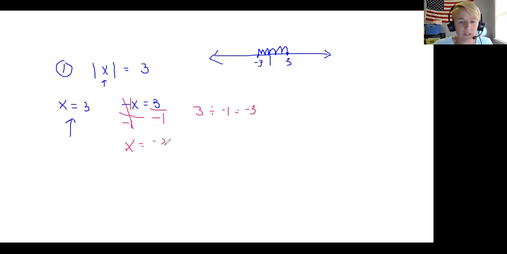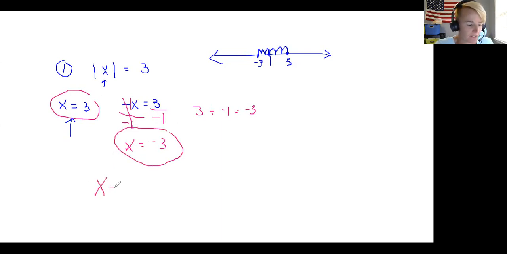So x equals negative 3. So my final answer for 1 is x equals 3 and x equals negative 3. If you're super fancy and you want to write it like this, x equals plus or negative 3, you can do that. That's kind of the fancy way of showing it.